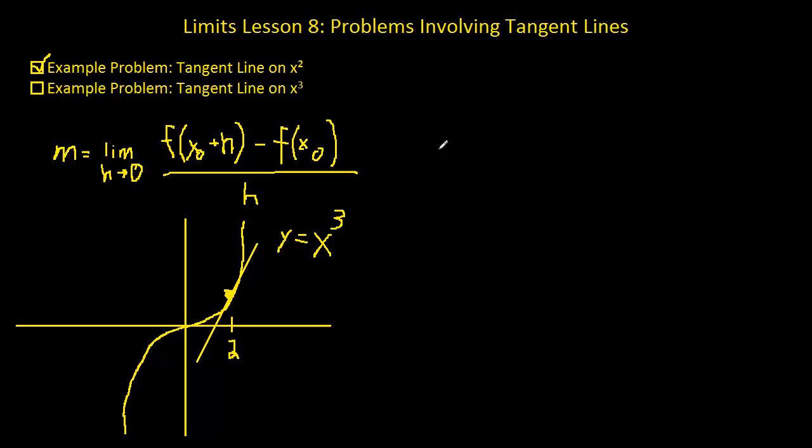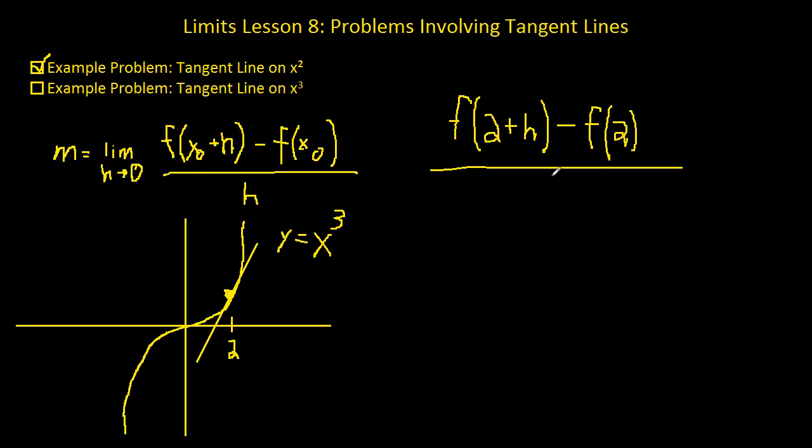Let's find out. So, x naught again is 2. So f of 2 plus h minus f of 2 over h, as h goes to 0.